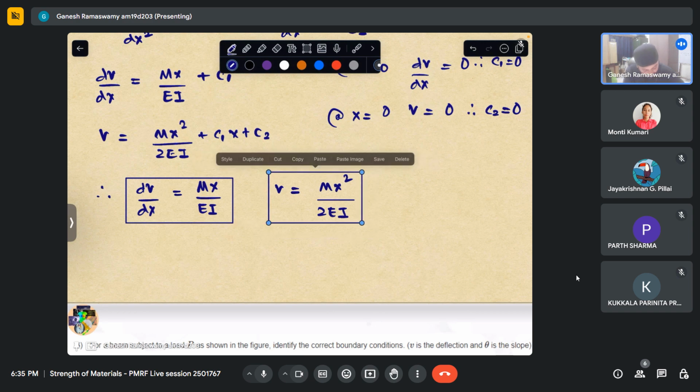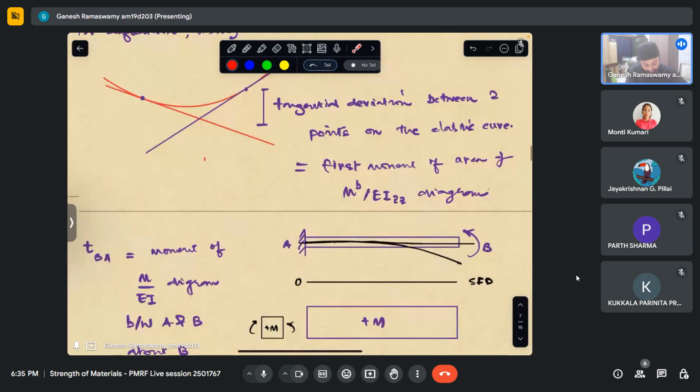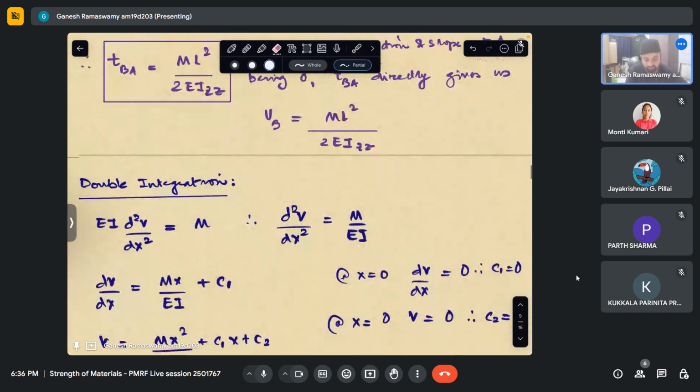So the advantage of using the double integration method is I get a generic expression for my slope and deflection, using which I can calculate the deflection at any point rather than at specific points. So if I were to do the same thing at some L by 3 using the moment area method, then I will have to recalculate my moments about that point and the area of the M by EI diagram about that point.